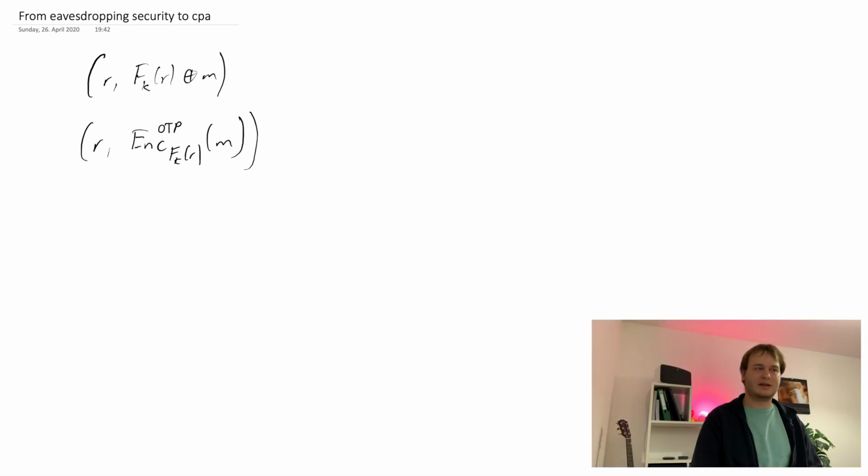And now my claim is that actually, instead of the one-time pad here, we can use any other eavesdropping-secure encryption scheme. So in a way, the pseudorandom function allows us to upgrade any eavesdropping-secure encryption to CPA security.